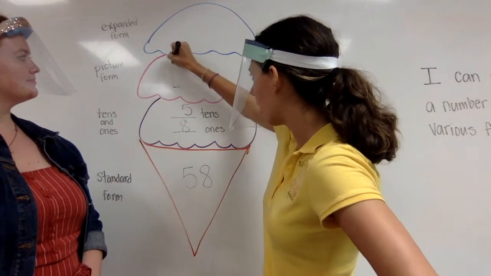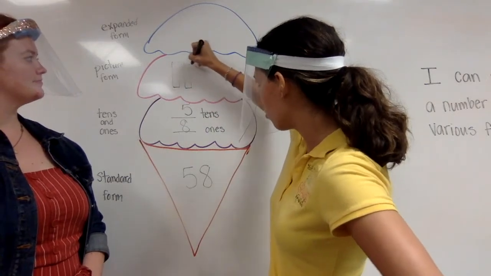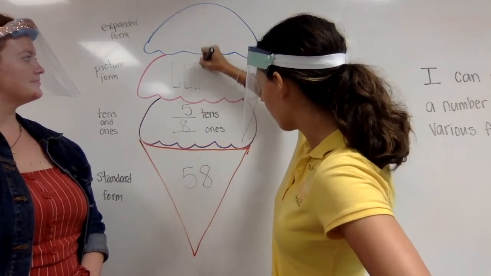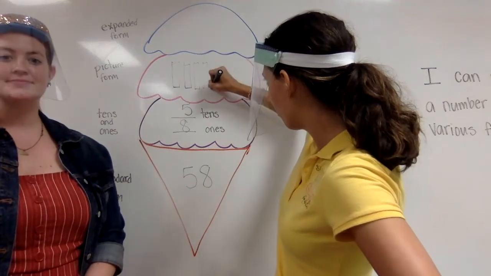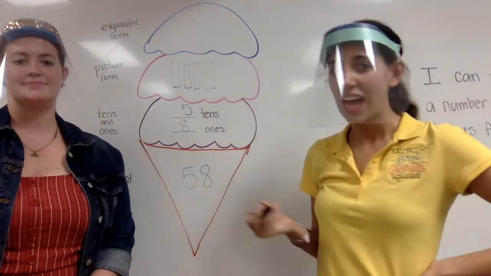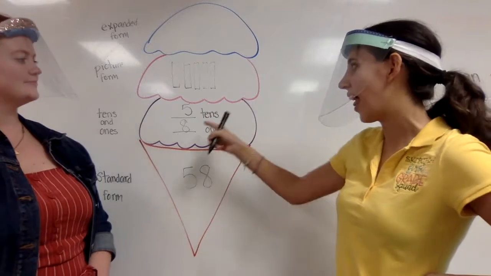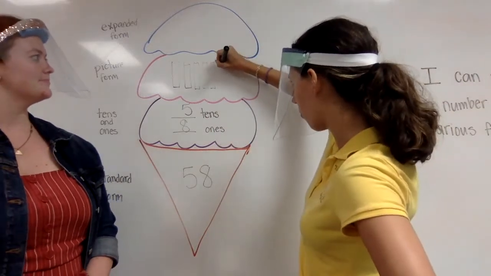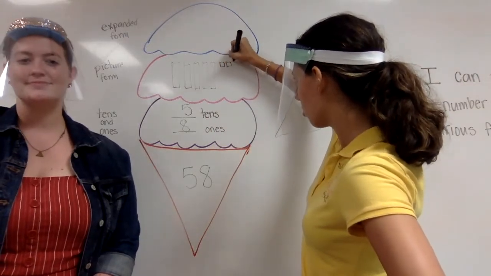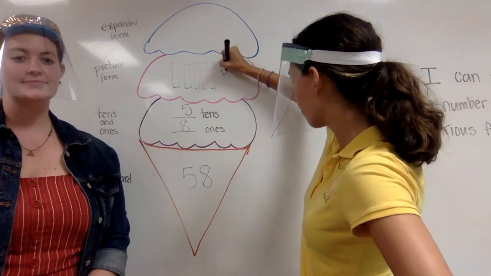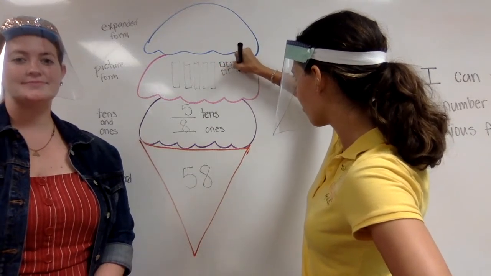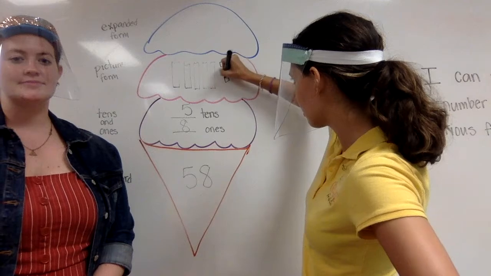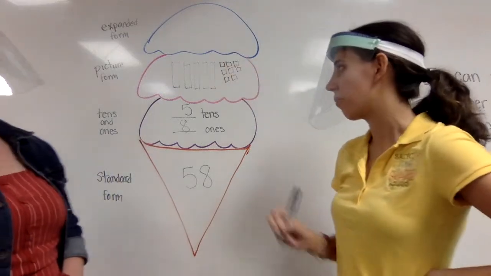So I'm going to draw 1, 2, 3, 4, 5. And then I would have to draw 8 ones. So I'm going to draw 1, 2, 3, 4, 5, 6, 7, 8 one blocks.